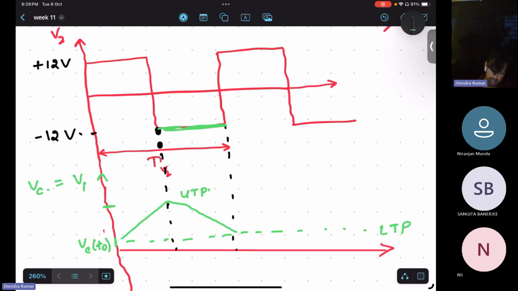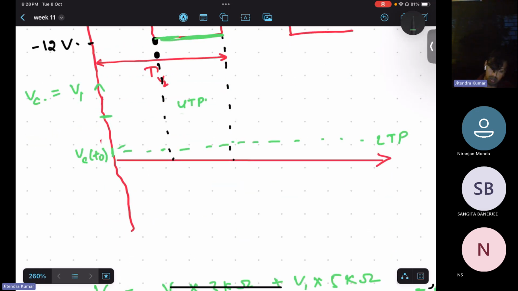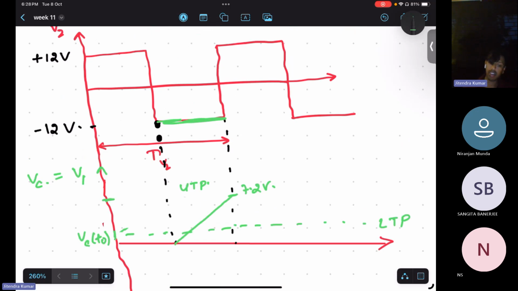So at minus 12, let me modify this waveform. So this is 7.2, when V2 is minus 12 volt.